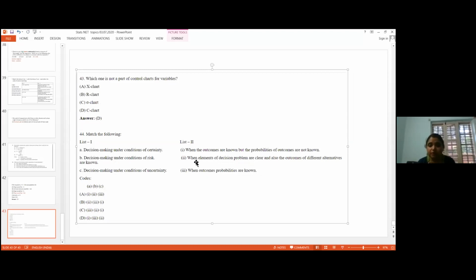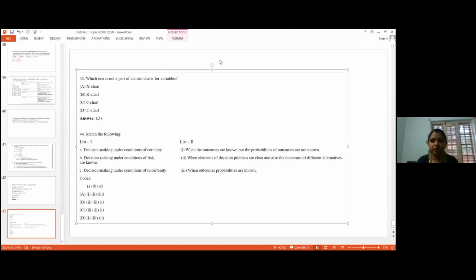When we know the outcomes, but probability is unknown. So A to 2, B to 3, and C to 1. B is the answer for it.